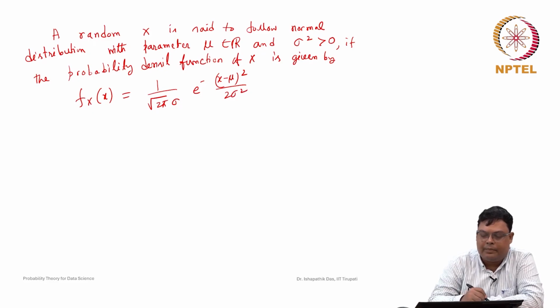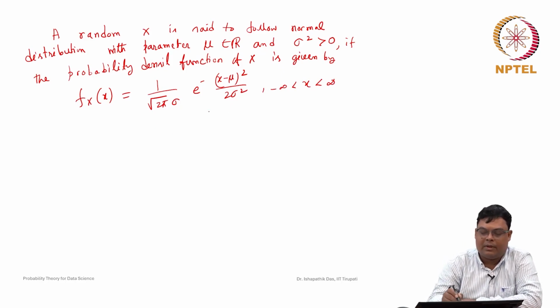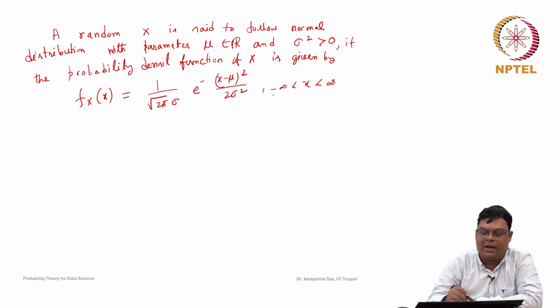It is defined for the whole real line, minus infinity to plus infinity. There is nothing else to write, like for other density functions where we wrote it is equal to 0 otherwise, but this is defined on the whole real line.